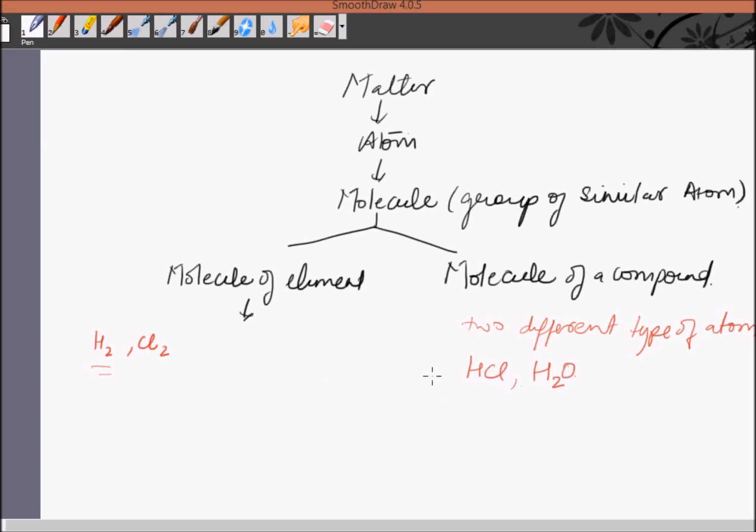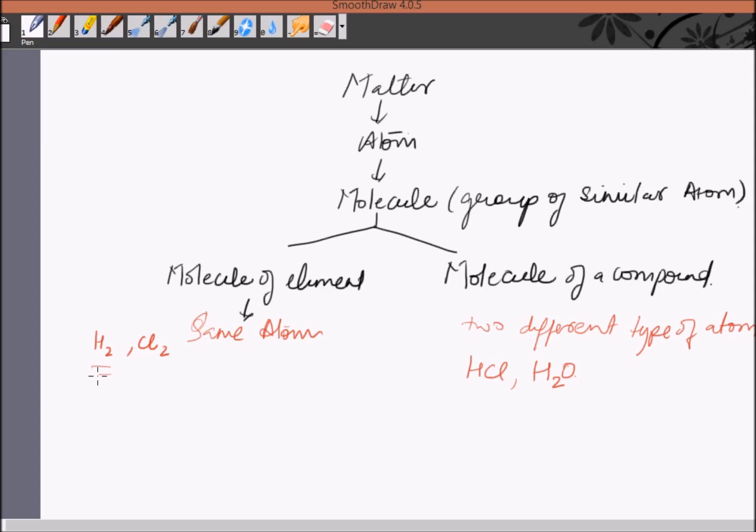The difference between these molecules and the previous ones is that they don't have the same atom. They have different types of atoms joining together to form a molecule. So different atoms and molecules have different properties, due to which different matter also shows different properties.